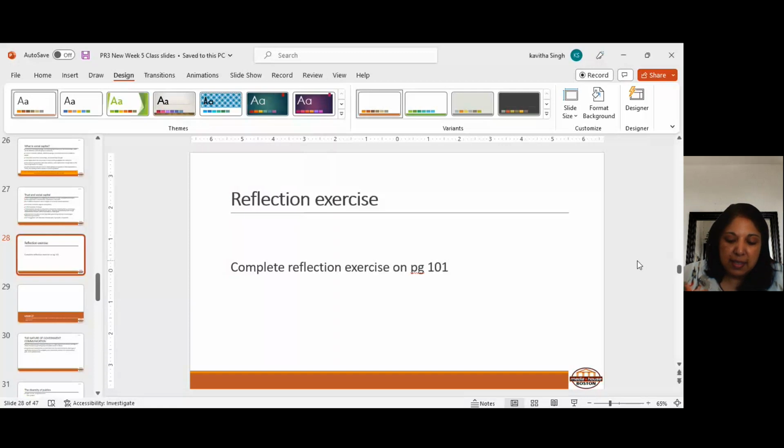Now, reflection exercise 3, you can work on on Wednesday afternoon for submission on Thursday. That is also going to be a PowerPoint presentation of you talking me through the exercise.